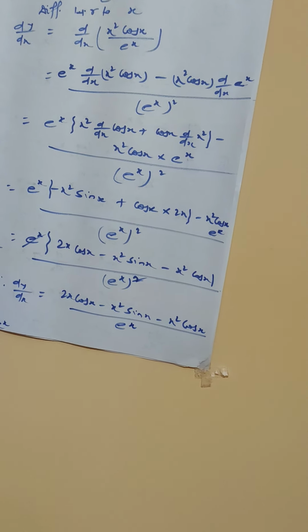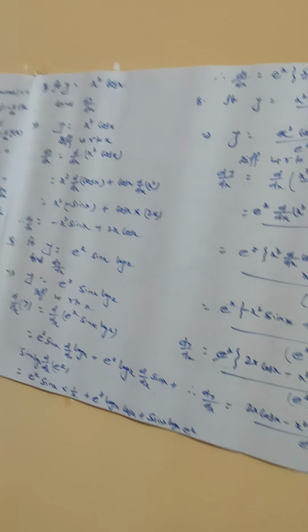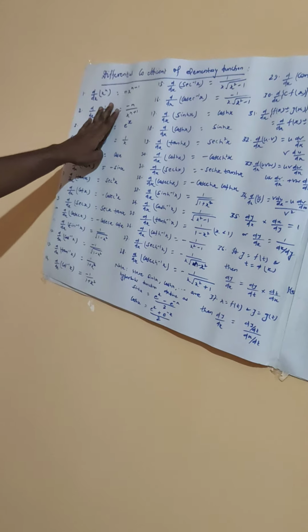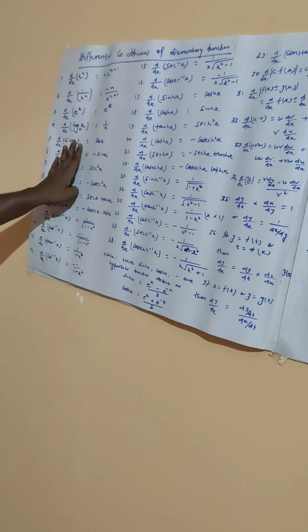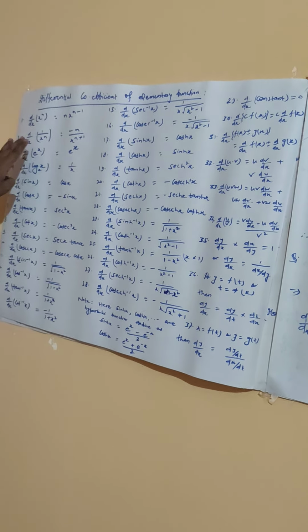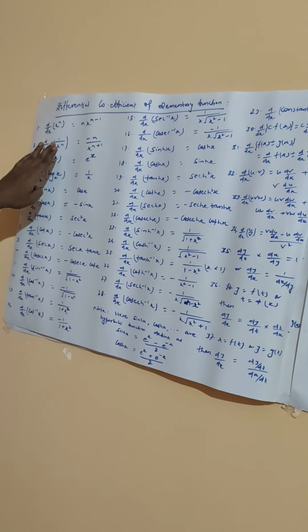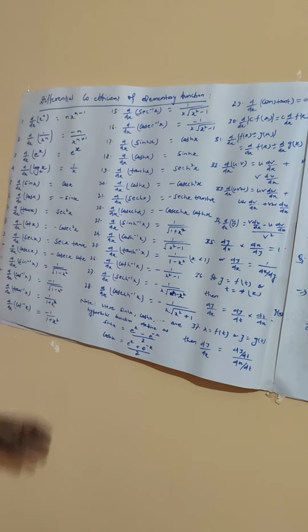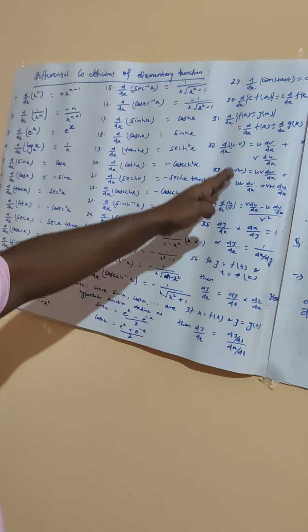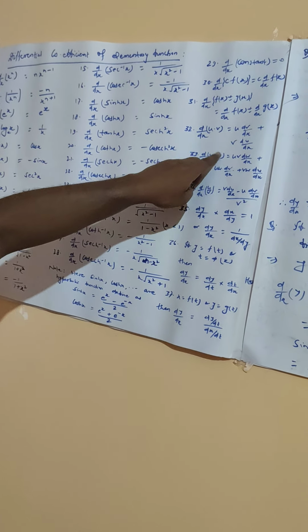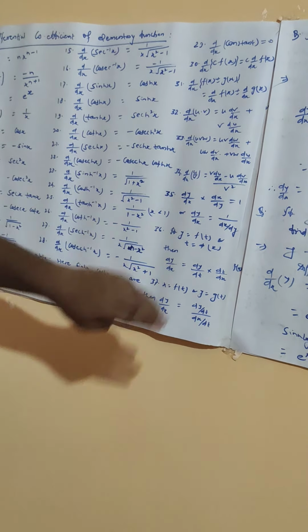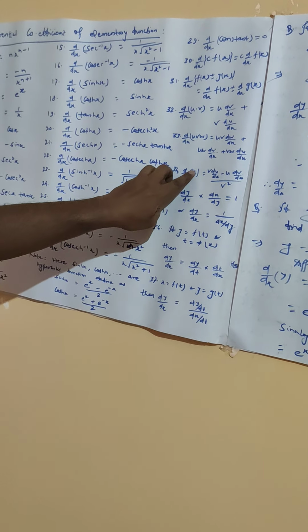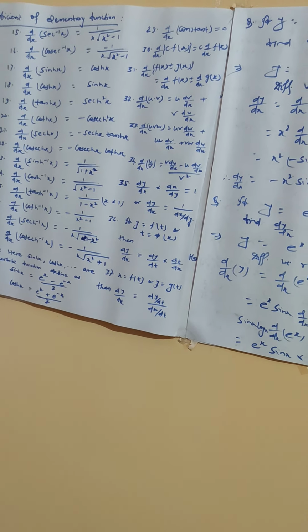Here we have to discuss some standard elementary functions: sin x, cos x, log x, e raised to x, x raised to n, 1 by x raised to n, sin inverse x, u into v, f x plus minus g x, c f of x, u v w, u by v, like that form.